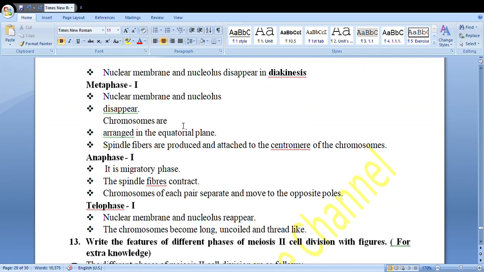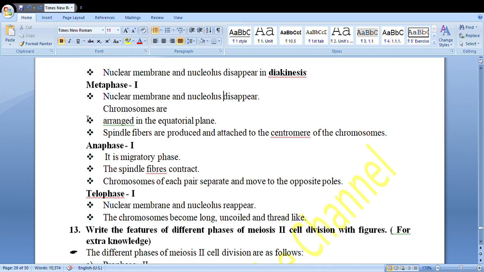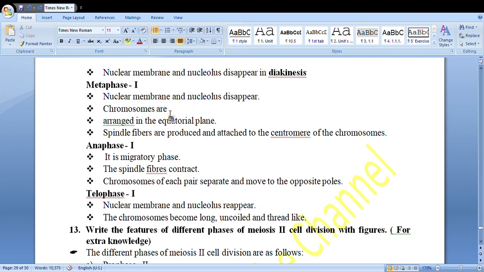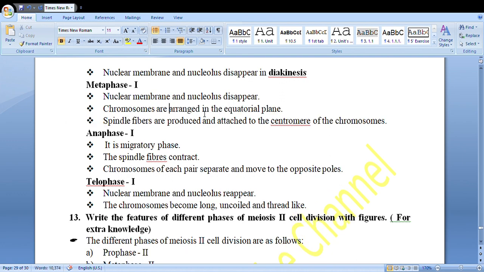Metaphase 1 has the following characteristics. Chromosomes are arranged in the equatorial plane, spindle fibers attached to the centromere of the chromosomes.